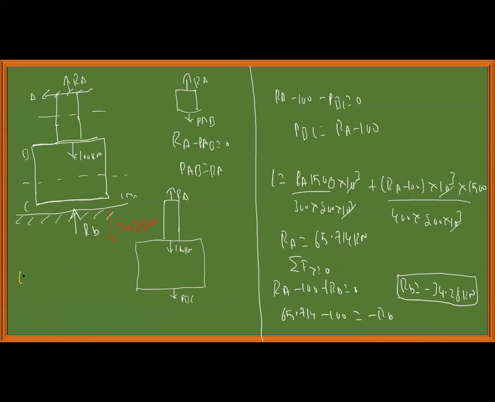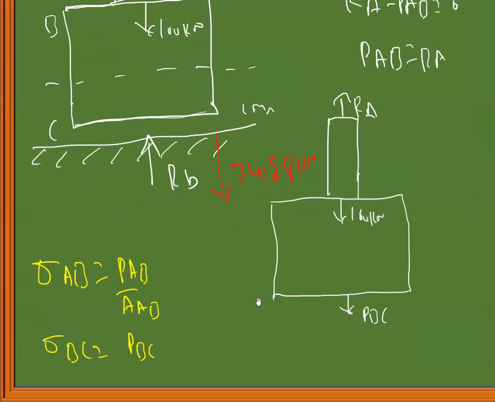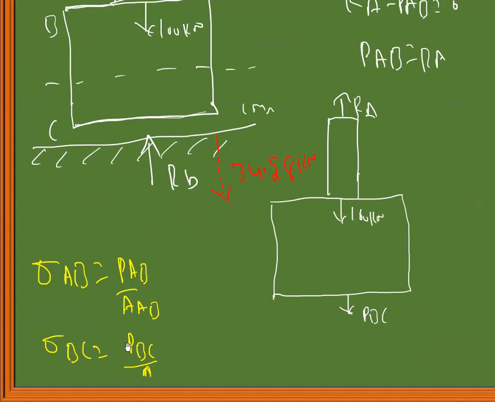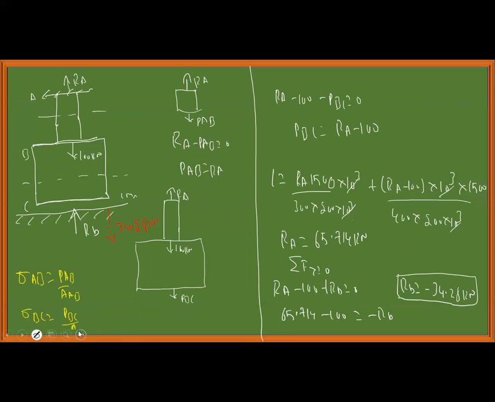Next, sigma AB is equal to PAB by AAB. Sigma BC is equal to PBC by ABC.